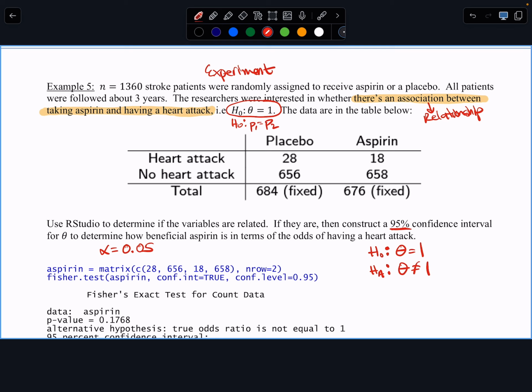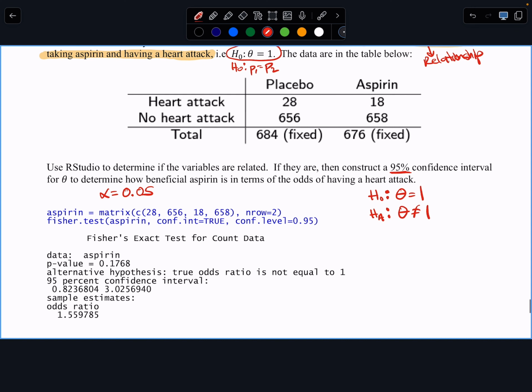All right. And so I see from my hypothesis test, or my results from RStudio, that my p-value is 0.1768. That is greater than my alpha. So I'm going to fail to reject my null hypothesis. All right.